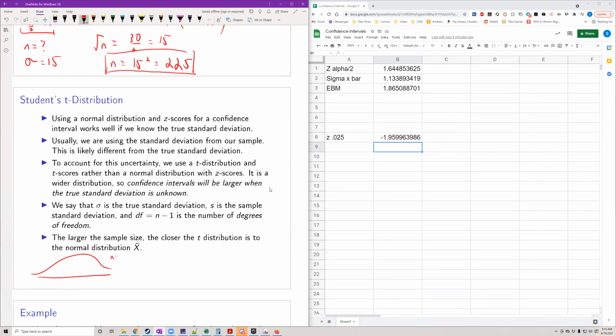If this is normal, then the corresponding t-distribution might look something like this. More of the percentage is out at the extremes as compared to a normal, where more of the percentage is centered at the middle.